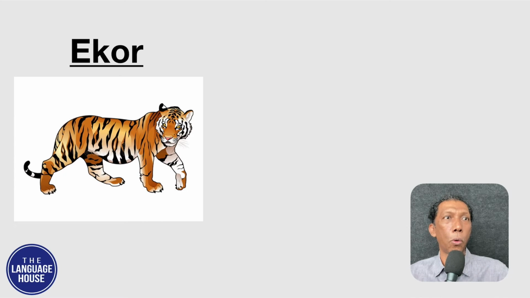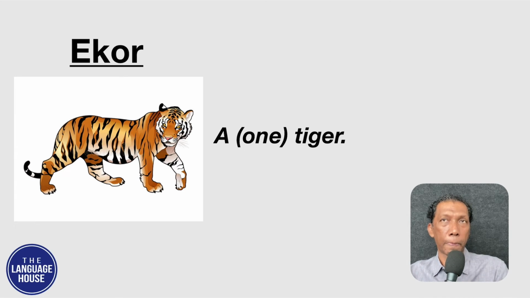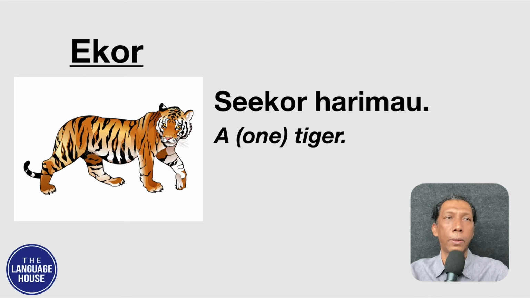How about this one? Tiger. Tiger in Malay is harimau. So instead of saying one tiger, we will say a tiger. And a is always se. The counter is ekor and the animal is harimau. So it goes seekor harimau.